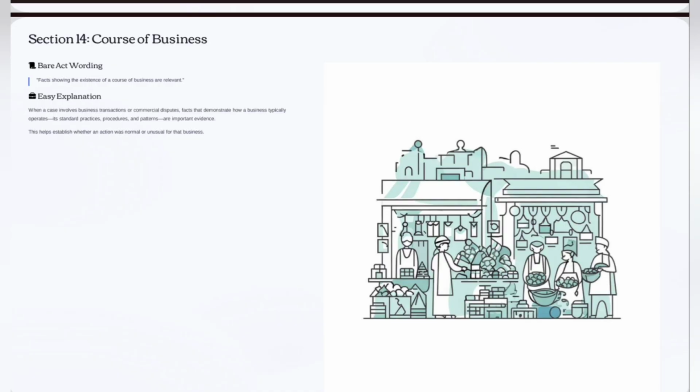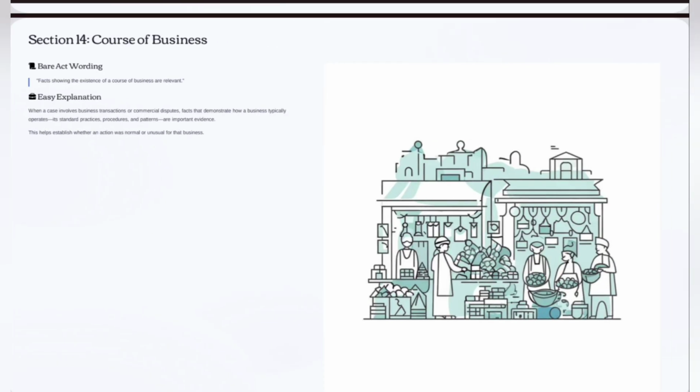Section 14 says course of business. Facts showing the existence of a course of business are relevant. Look, if the question is whether a particular thing has happened or not, and it is proved before the court that in the natural course of business it would have been done, then the court will believe that the thing would have been done.